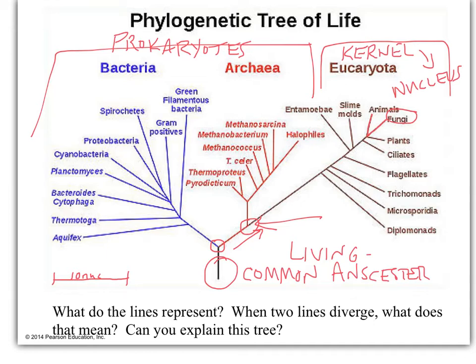They give you a key, and so you can measure that line and then have an estimate of the number of mutations or differences in their genomes between two different organisms.